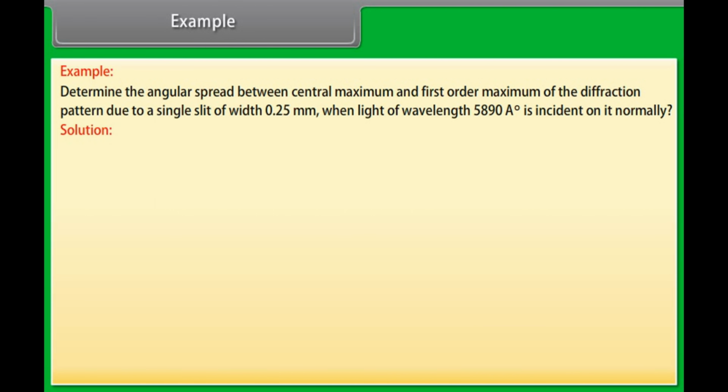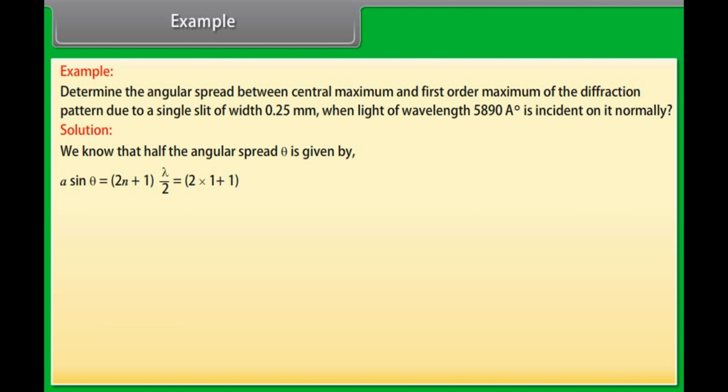Let's see the solution. We know that half the angular spread is given by a sin theta = (2n + 1) lambda / 2. On equating this, we get a sin theta = 3 lambda / 2. When theta is small, then the value of sin theta is equivalent to theta.